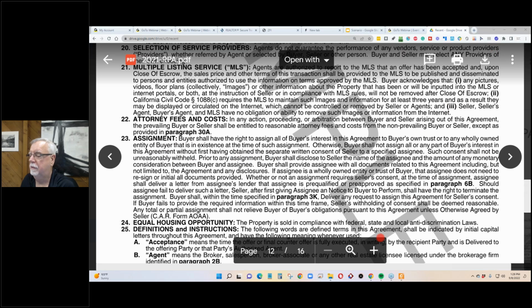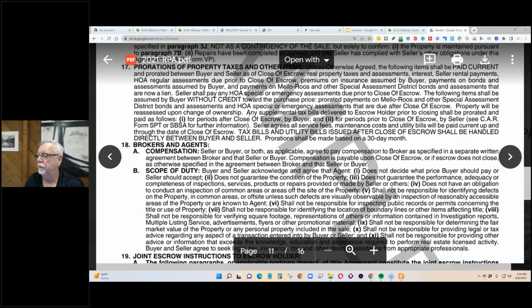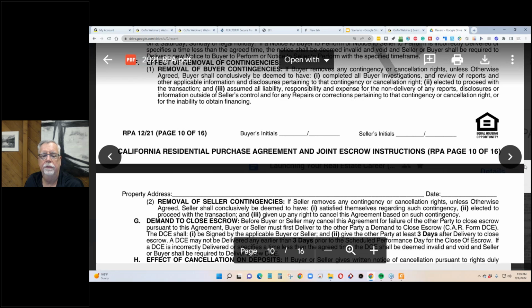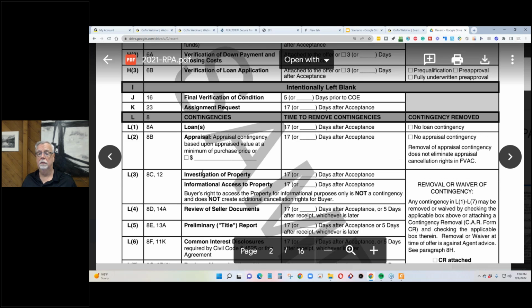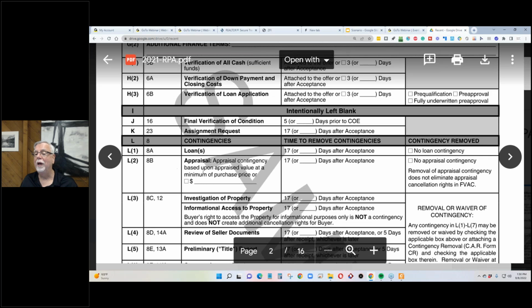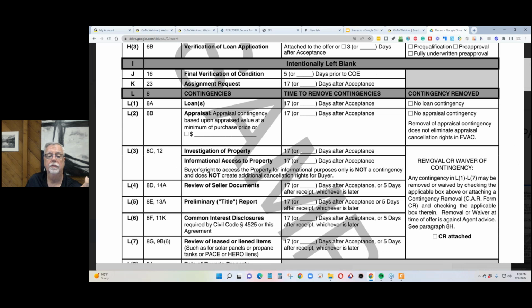Well, let's just go back to this form. All right. So here, I'll point this out since we're doing assignment. In the grid, everything is in the grid.